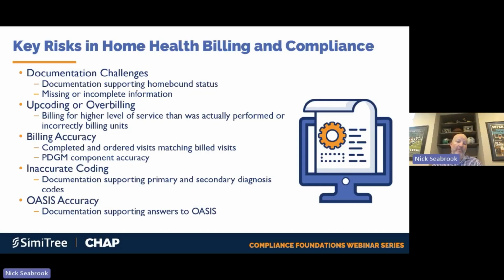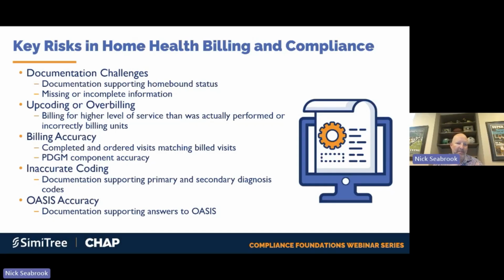OASIS accuracy, same thing. You want to make sure that each of those different OASIS answers is supported by the narrative or the notes indicated by that clinician. So we mentioned before in those ADL questions, if you remember back on the functional impairment score, let's say the answer for ambulation could be a 2, which means the patient has trouble walking, but the note indicates that the patient could walk without any kind of assistance at all.